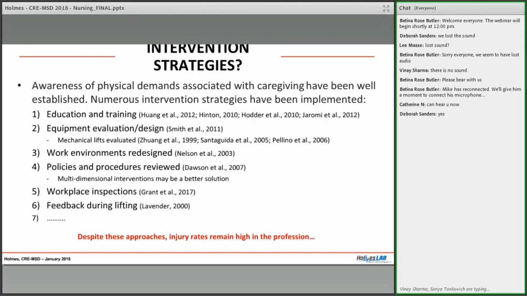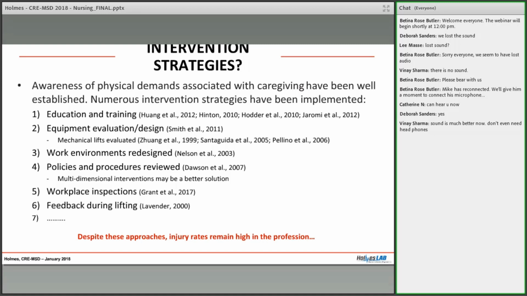There have been numerous intervention strategies that have been implemented. Education and training is a big one. That ranges from more simplistic educational training programs, but also to very complex things around back education and back school programs. There's been a lot of work around equipment evaluation and design, especially mechanical lifts.